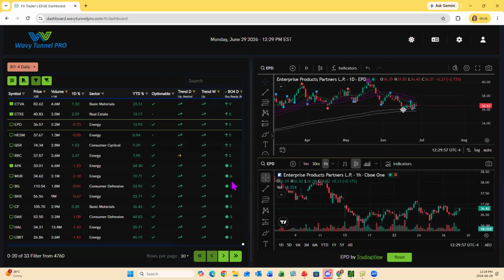Sometimes I like to look to see how it's settled and how it has traded off of the original signal. Okay. So we're trading a little bit higher, 36.82 from here. Let me run the Fibonacci and then we'll blow it up.